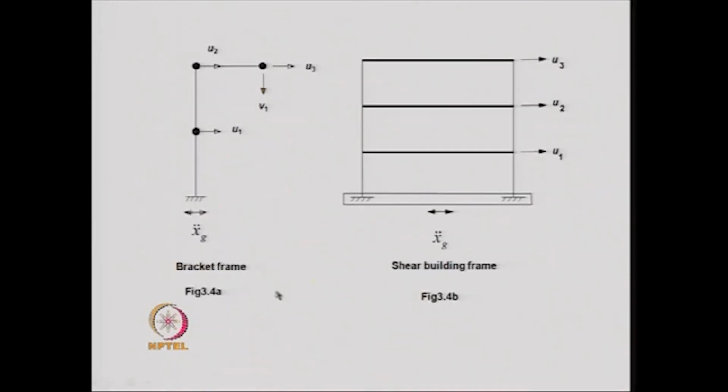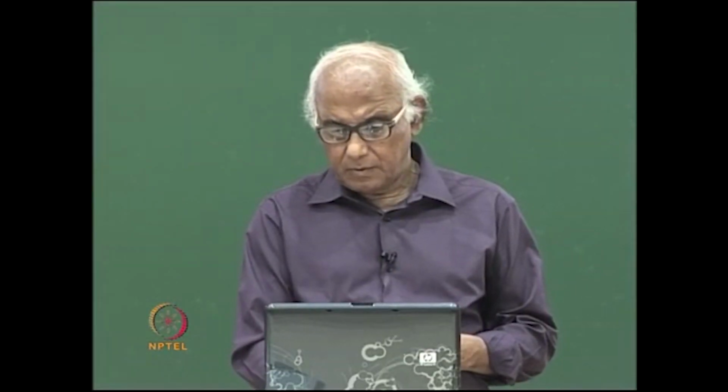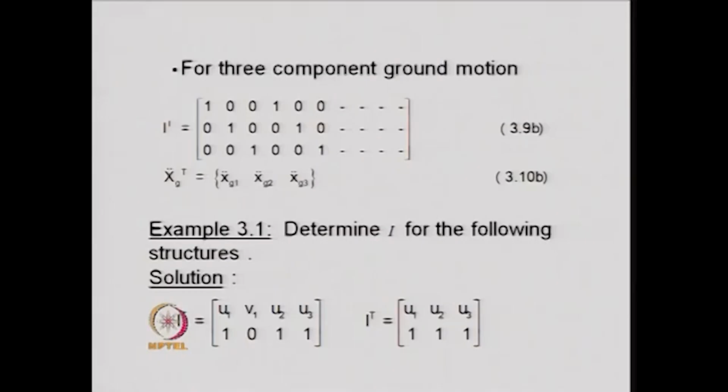Whereas, for this particular problem, the influence coefficient vector corresponding to these 3 degrees of freedom is all ones, because the entire base is moving by the same excitation, and therefore all the degrees of freedom move by the same amount, and therefore we have the influence coefficient vector as 1 1 1.